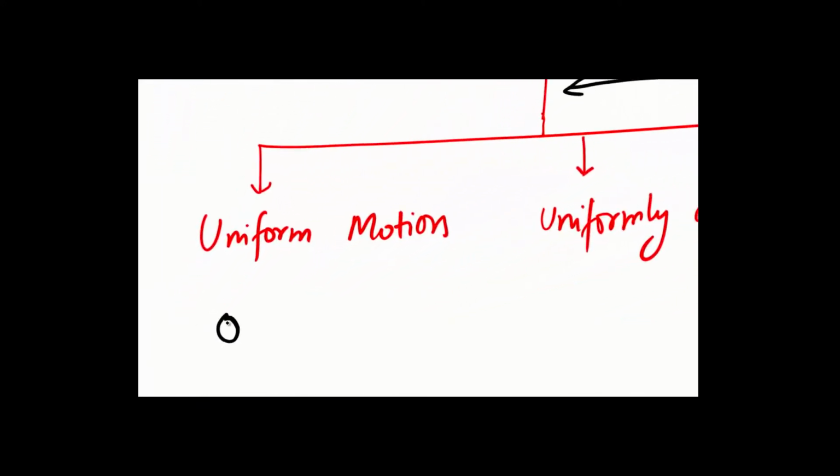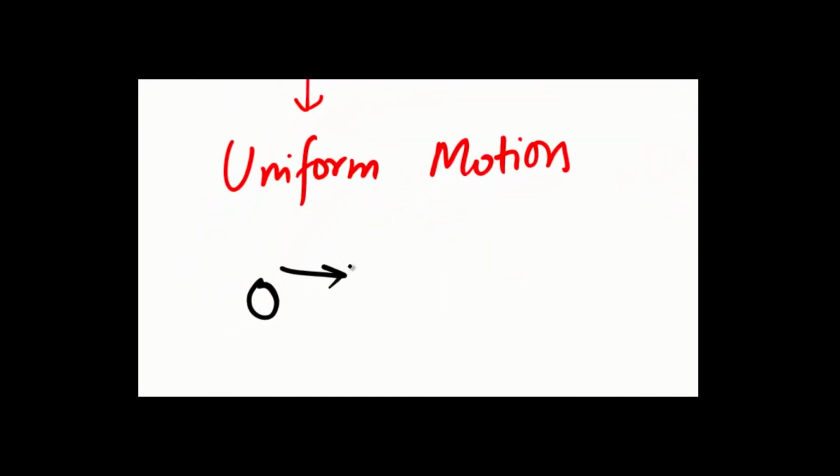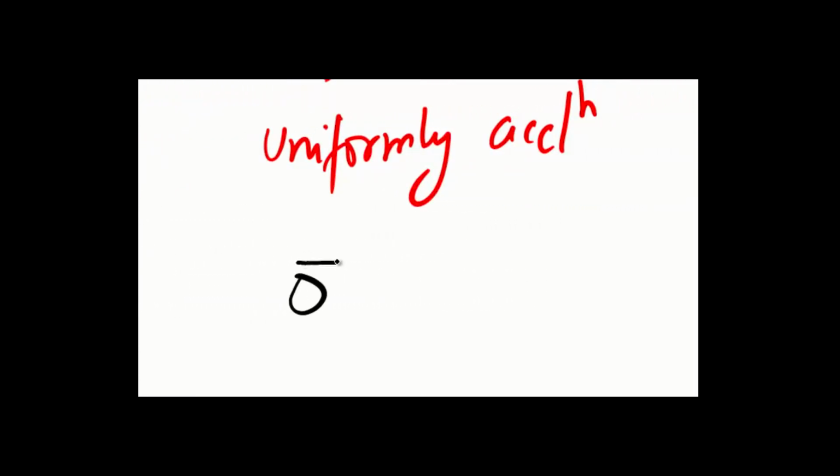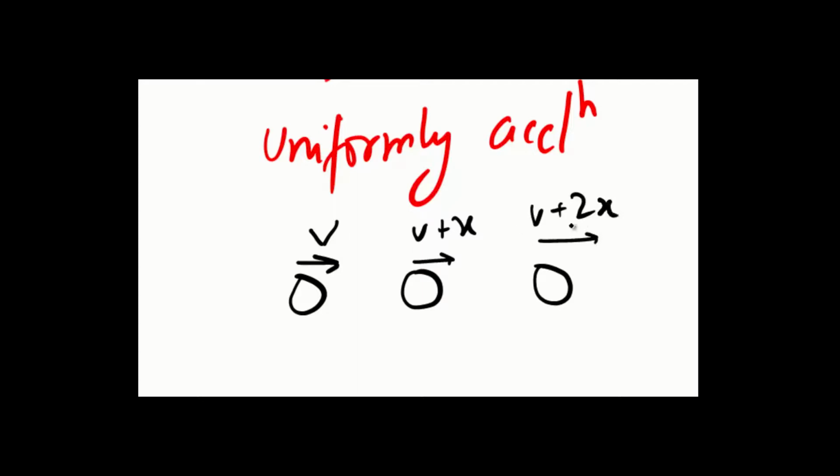In uniform motion, a particle which is moving with a speed v is continuously moving with the same speed v. In uniformly accelerated motion, a body starts with some v but changes its velocity. Let's say v plus x after some time, then it will be v plus 2x after some time, right? So this is uniformly accelerated motion. Its speed is increasing by x after each interval of time.